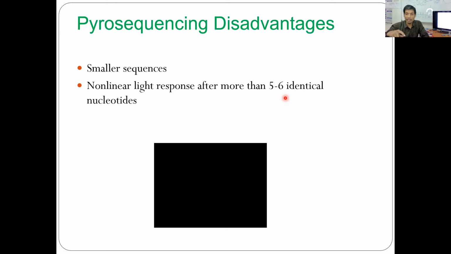So the light intensity, you cannot get 10 times higher than the normal. It will be slightly variant, it will be lesser than that. So it will have some difficulty, because the light response to the nucleotide number is not linear. Okay, so that's why if there are more than 5 to 6 identical nucleotides, it is a little bit challenging. So apart from that, it is very good.